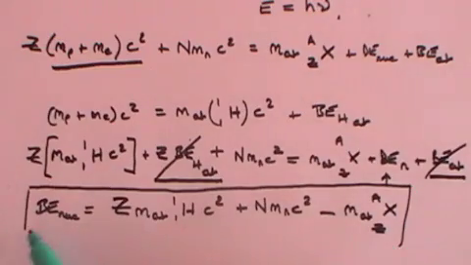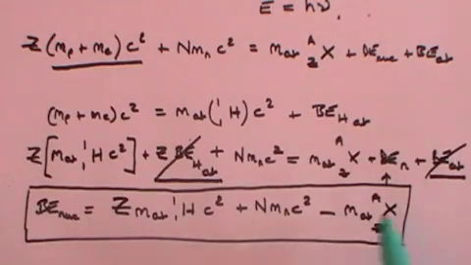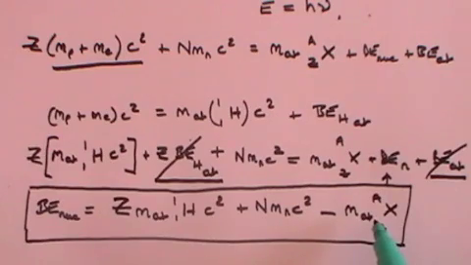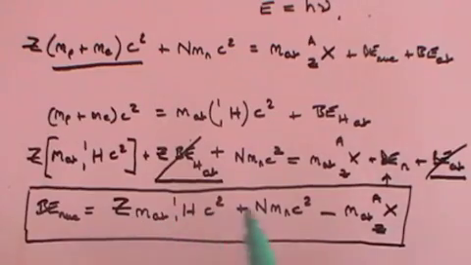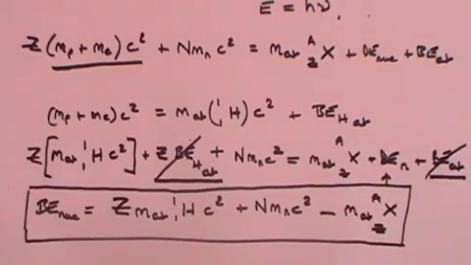Now, even John Dalton could measure the atomic mass of X. We know, and indeed he measured the atomic mass of hydrogen, and we know the mass of a neutron. So we know these atomic masses, we know the mass of a neutron, we know the number of protons, and we know the number of neutrons, so we can calculate the binding energy of the nucleus. And all of this comes from experimental data.